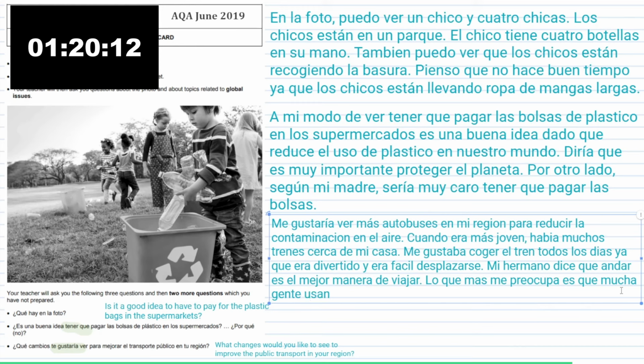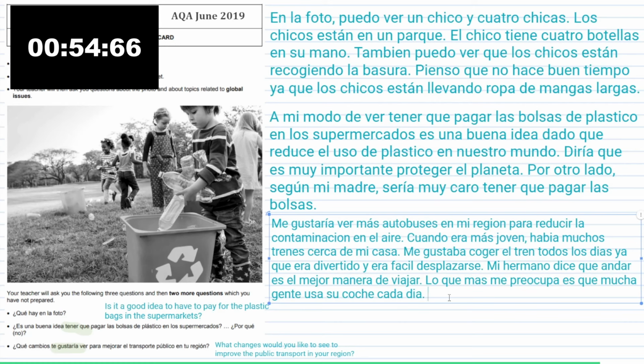Usa, not usan, because again, you have to think about the agreement. La gente is singular. So it's not they use, it's she uses. Mucha gente usa su coche cada día. So this means what worries me most is that many people, or a lot of people, use their car every day. Yeah, I'll leave it there.